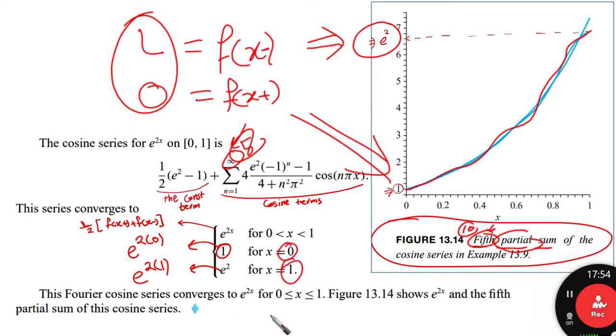So this is the Fourier series. As we said, it converges to e raised to the power 2x for x between 0 and 1, and the figure even includes the ends, where it equals e to the power 0 and e to the power 1. So it is okay. I hope that you understood it well.